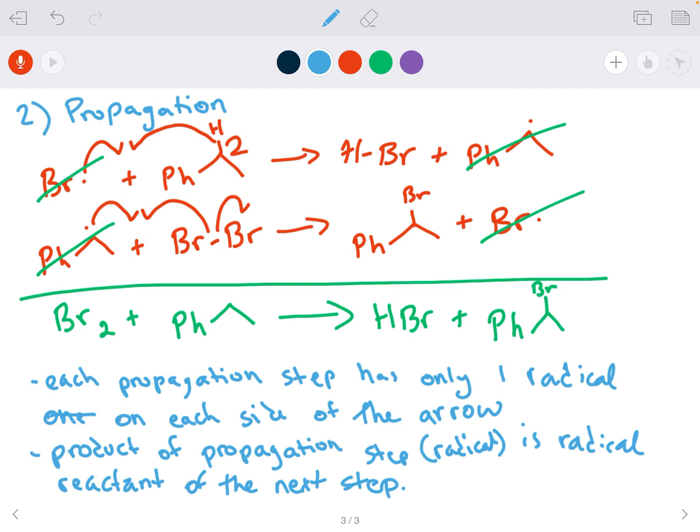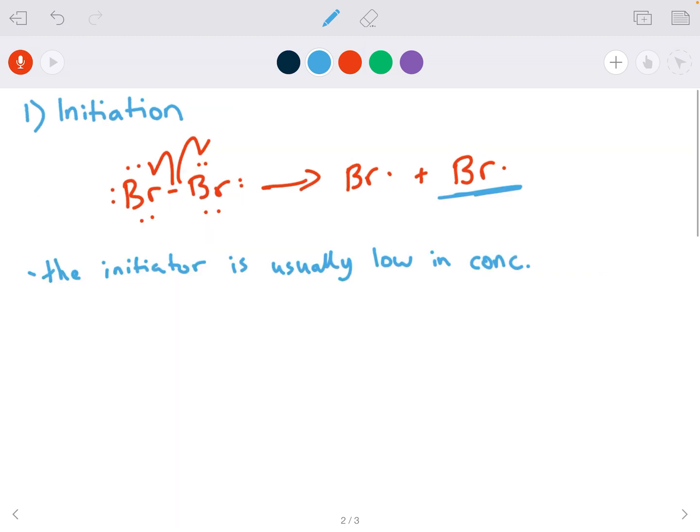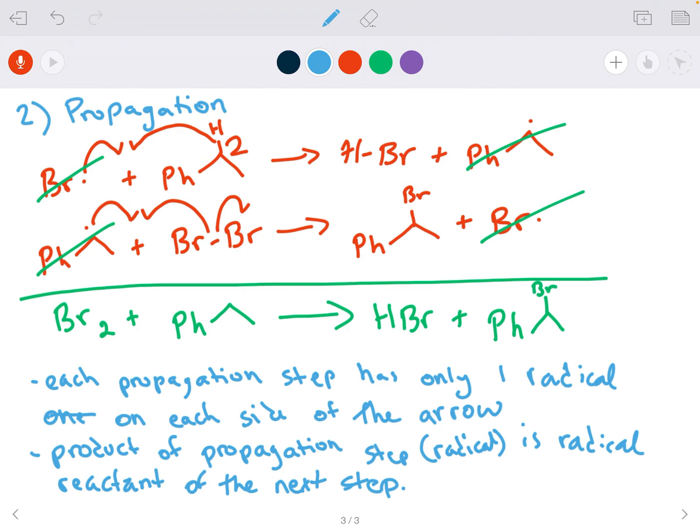You may have propagations that are much longer. But initially, the reactant radical is the product of the initiation step, the radical bromine, and then the radical reactant of propagation step 2 is the product of step 1. So that's another thing to check when you're doing these propagation steps. You need to make sure that that is the case as well.